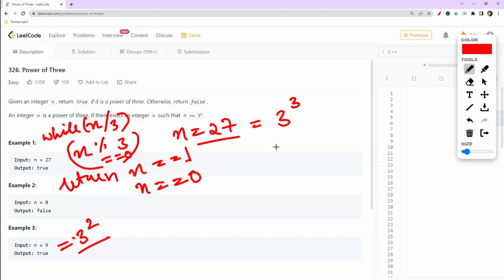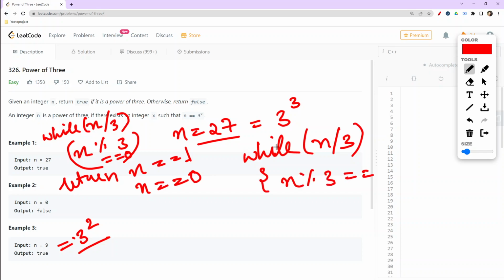Now comes the part for recursion. In recursion, we would simply do the way we are doing in our loop. What we do in our loop is that while n by 3 exists, we do this particular operation, right?